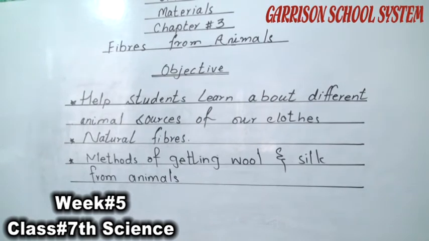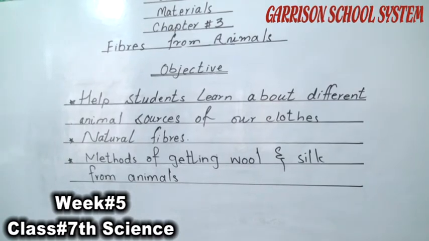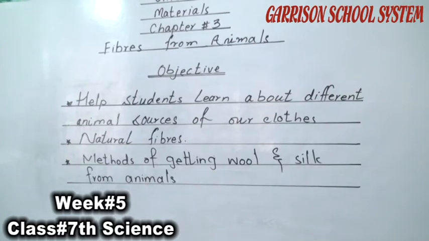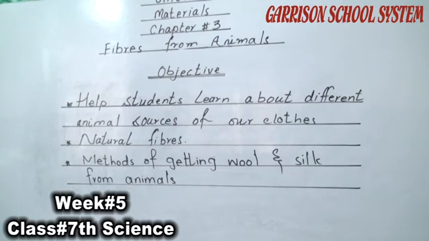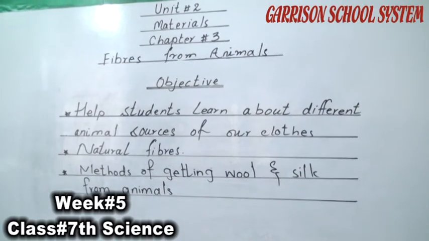Fiber is obtained from different kinds of animals. For example, sheep, goat, camel, or there are different types of animals from which we get fibers in the form of wool or their skin.